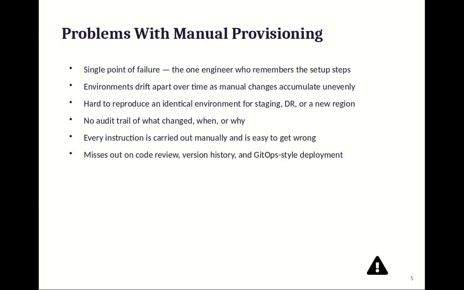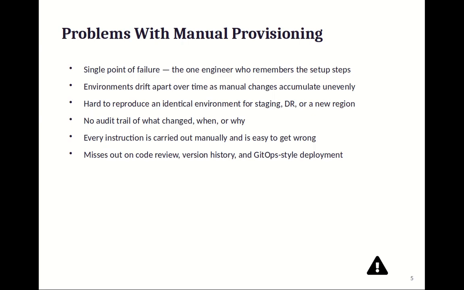Problems with manual provisioning. Single point of failure: the one engineer who remembers the setup steps. Environments drift apart over time as manual changes accumulate unevenly. Hard to reproduce an identical environment for staging, disaster recovery (DR), or a new region.